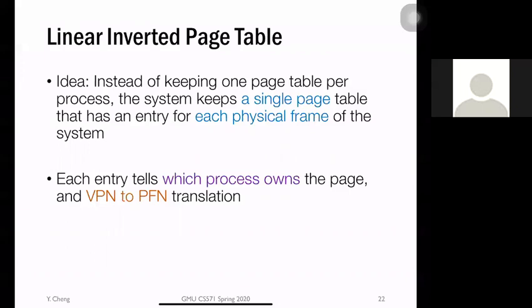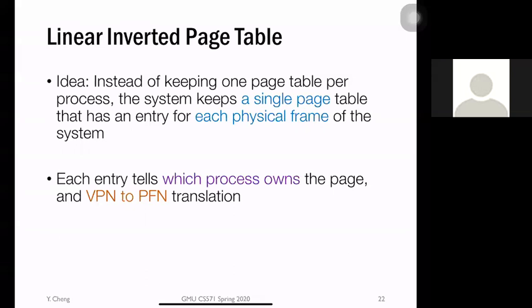So the core idea of linear inverted page table is, instead of maintaining a page table per process, let's just maintain a single globally shared page table data structure for this whole physical memory. So basically, you maintain an image, which is just an index for the whole physical memory space.